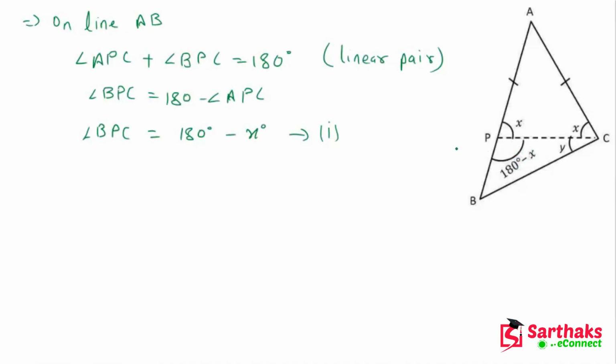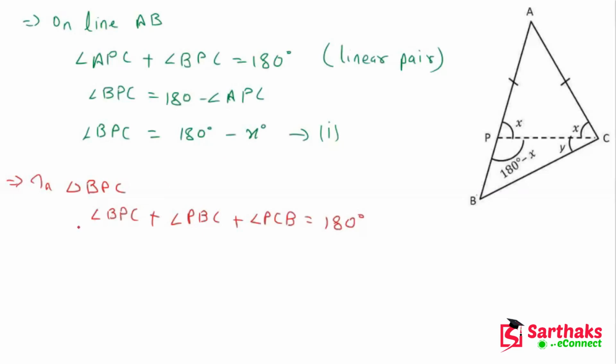Now in triangle PBC, we know that the sum of all interior angles is 180 degrees. So in triangle BPC, angle BPC plus angle PBC plus angle PCB is equal to 180 degrees.